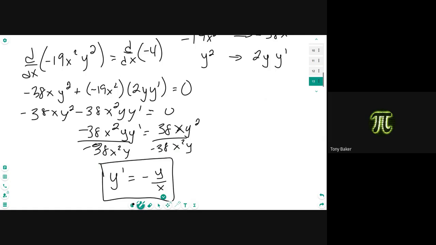And I get negative y over x. Does the process make sense?